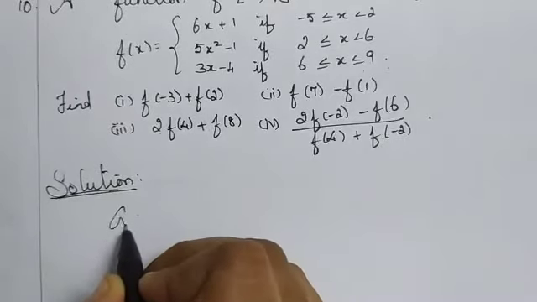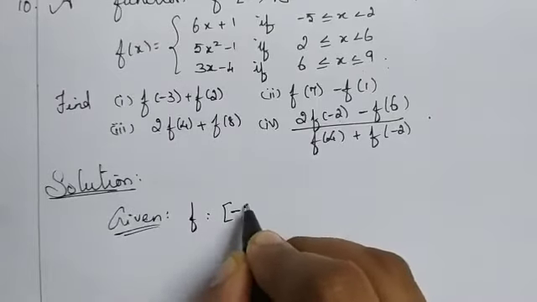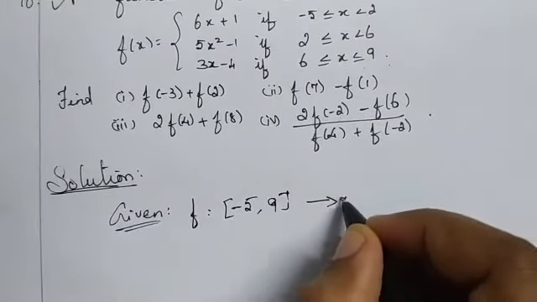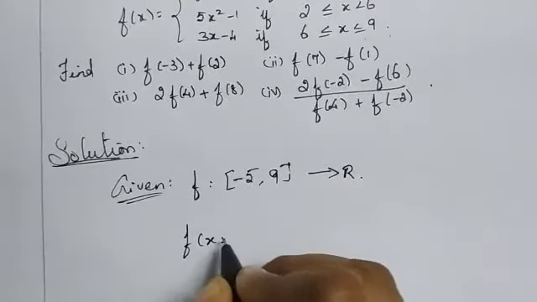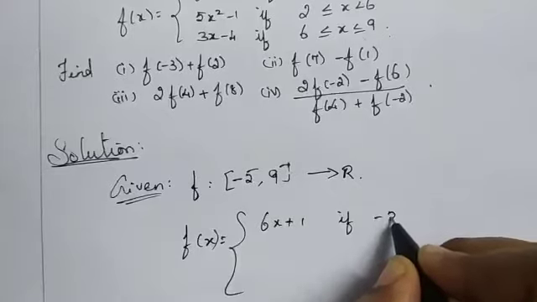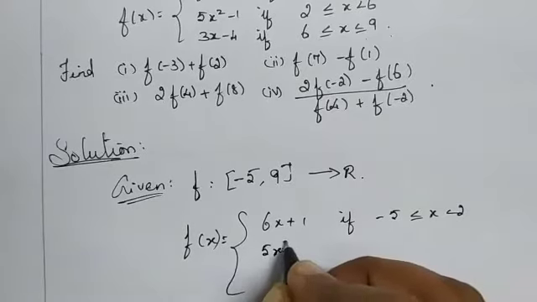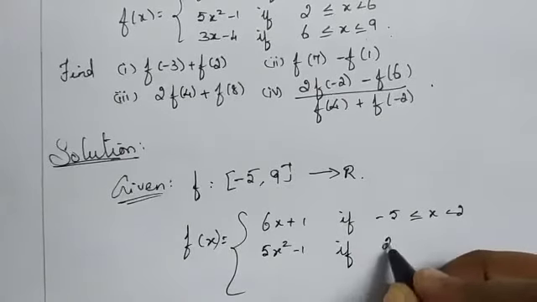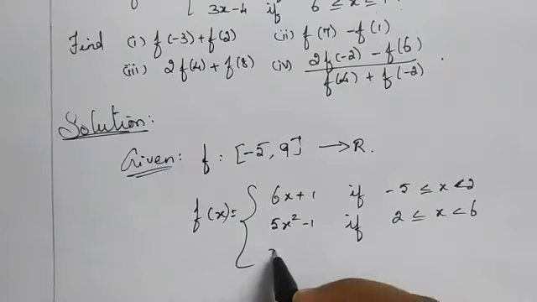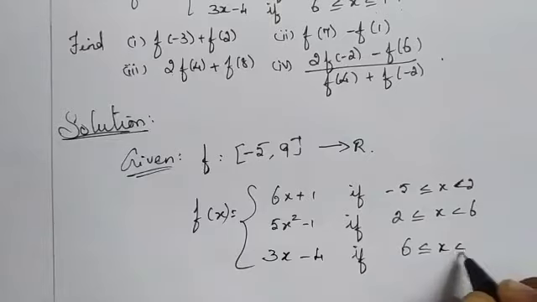First write the function given. f from closed interval minus 5 to 9 to capital R. f of x is equal to 6x plus 1 if minus 5 less than or equal to x less than 2, 5x square minus 1 if 2 less than or equal to x less than 6, 3x minus 4 if 6 less than or equal to x less than or equal to 9.